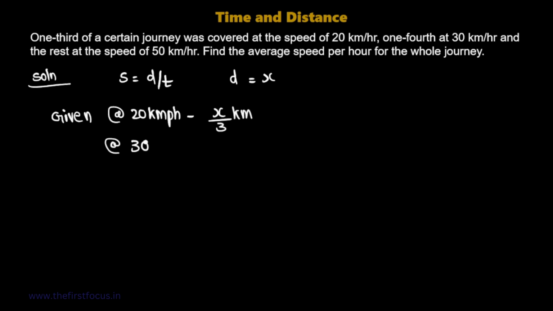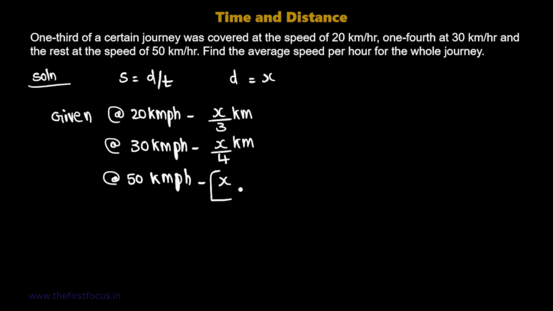Then at 30 km per hour they have traveled 1 by 4th of the kilometer, that is x by 4 kilometer. Then at 50 km per hour they have traveled the rest, that is x minus the kilometer they have already traveled. So on taking LCM we get 5x by 12 km.